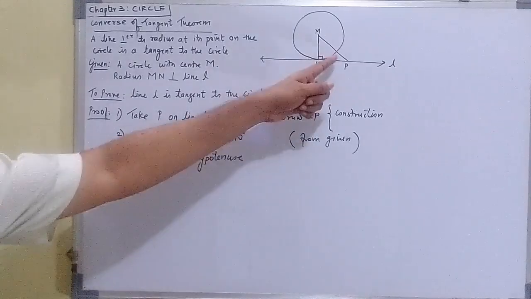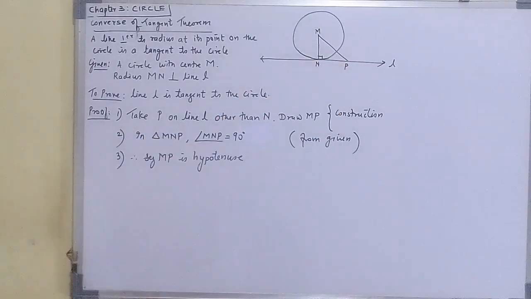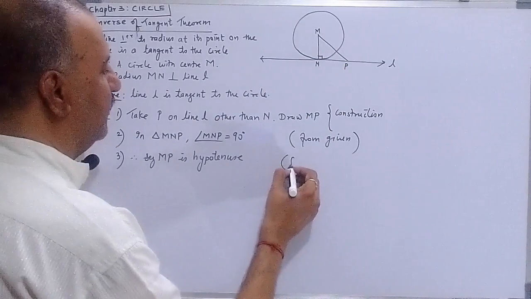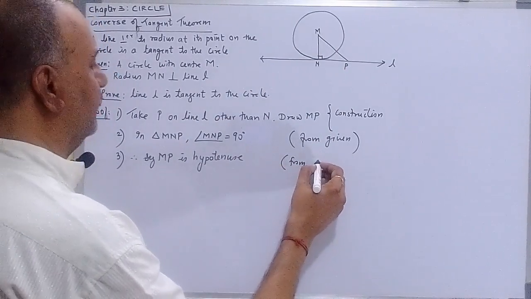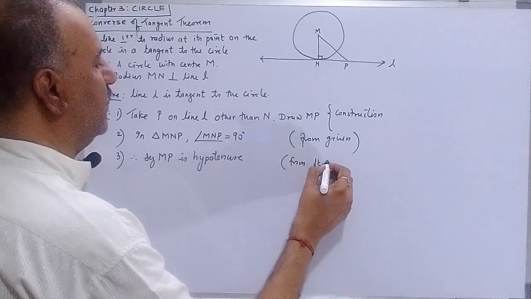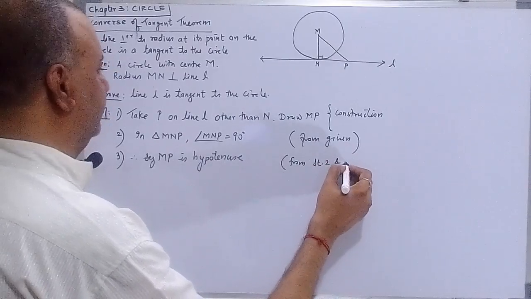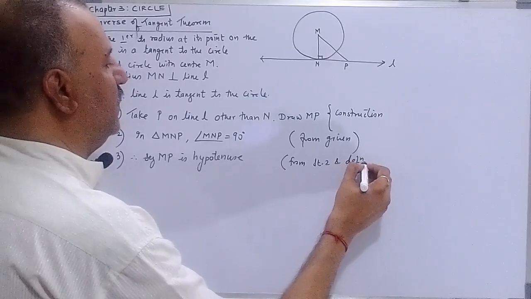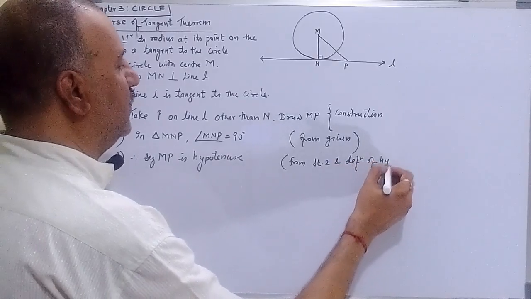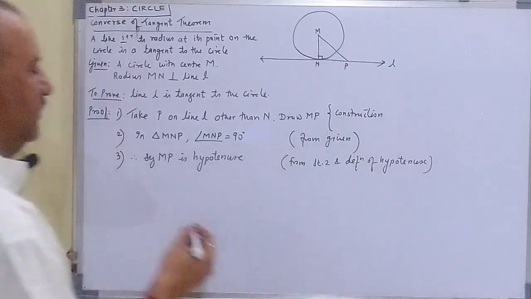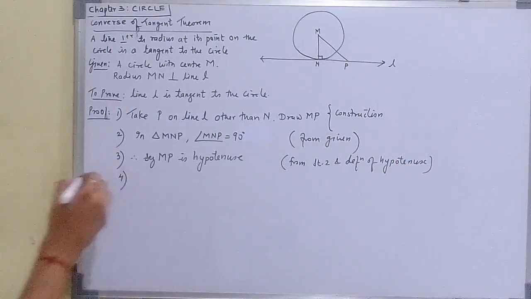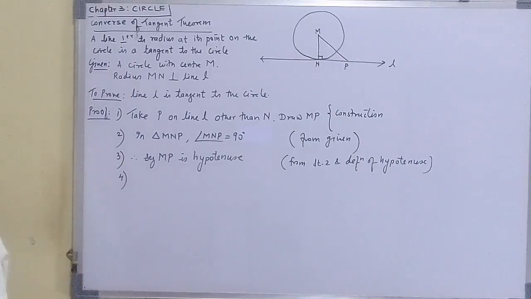Seg MP is the hypotenuse. उसकी रीजन क्या है? From statement 2 and definition of hypotenuse.